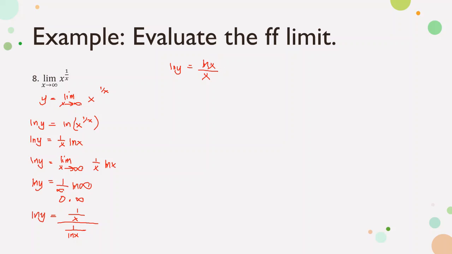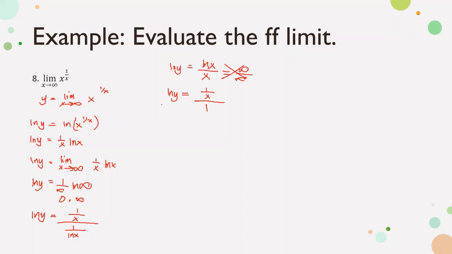So ln of infinity over infinity is still infinity over infinity. So meaning to say, we have to apply L'Hopital's rule. In L'Hopital's rule, the derivative of ln x is 1 over x, and the derivative of x is 1.